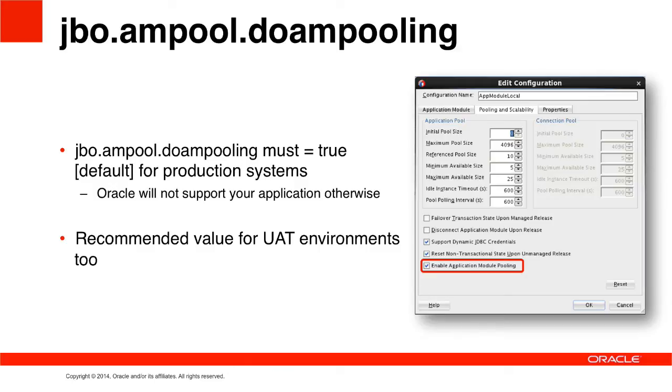If you set this particular parameter to false in a UAT environment and the system is eagerly passivating and eagerly activating, there will be a performance hit and the user may end up indirectly commenting that the system is too slow. So for UAT environments, this is another environment where you want to set doAmpooling to true, as well as in production where Oracle requires it in order for the system to be supported.